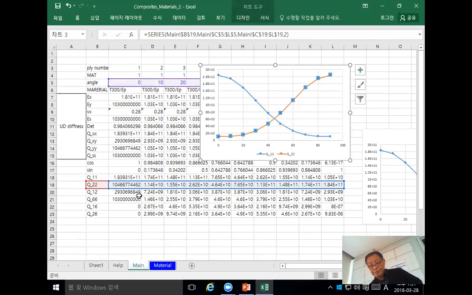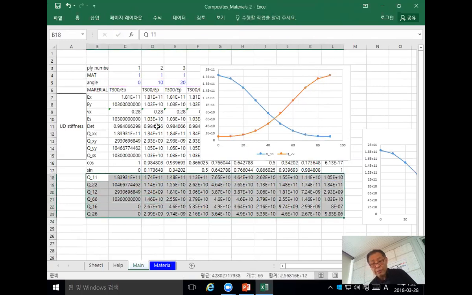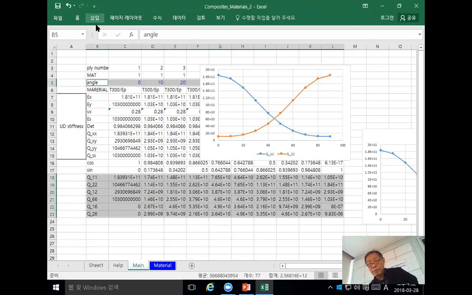And we also can do this. Now we like to select them all and angle here, and then plot.